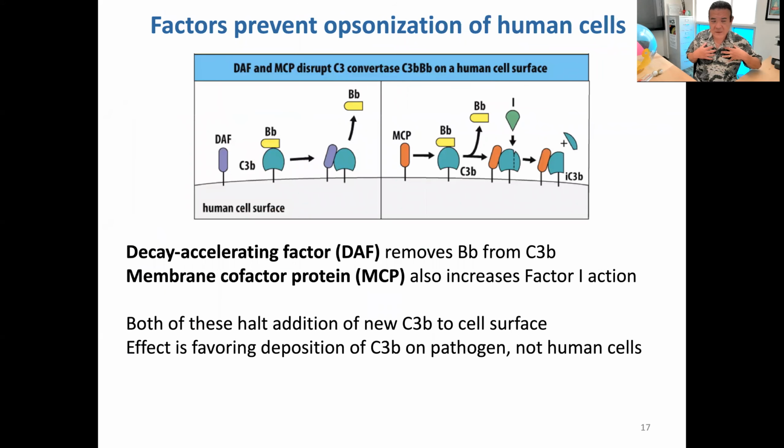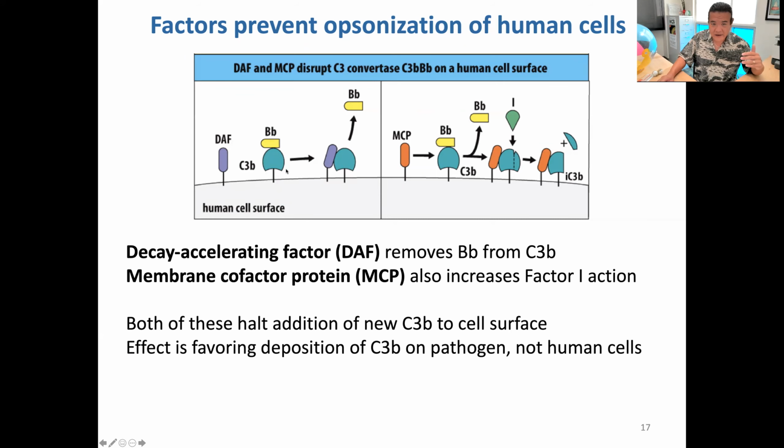Other examples of these convertase controlling proteins are proteins that are already present on the surfaces of our own normal body cells, that would not be found on something like a bacteria. These include things like decay accelerating factor, this purple protein that's already on the surface as a normal part of one of your human cells.